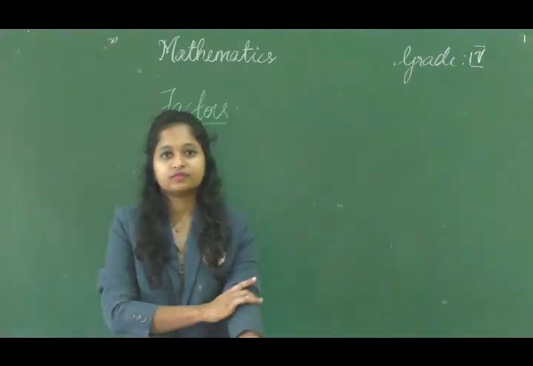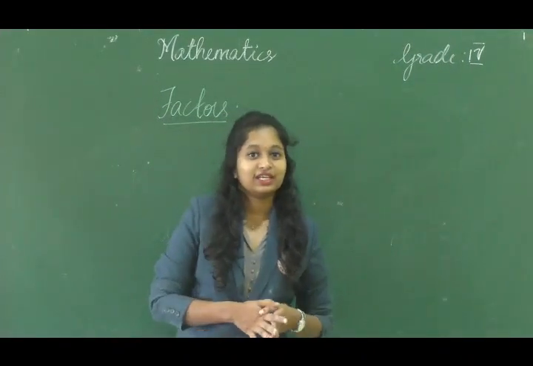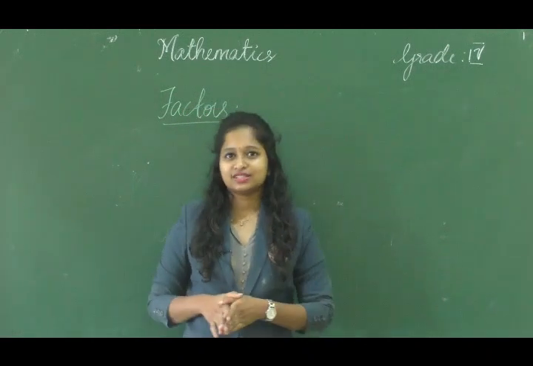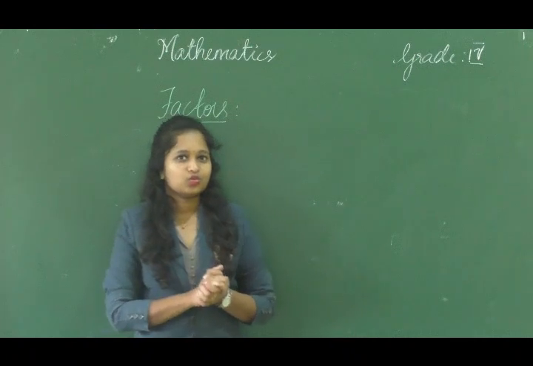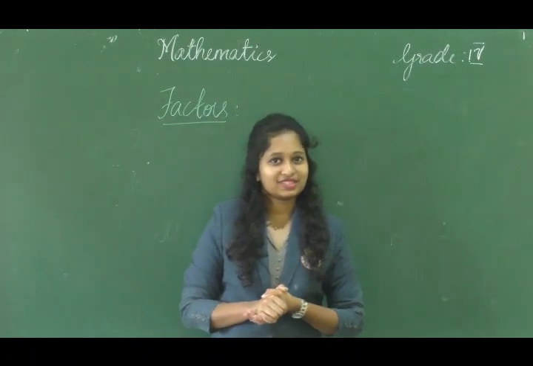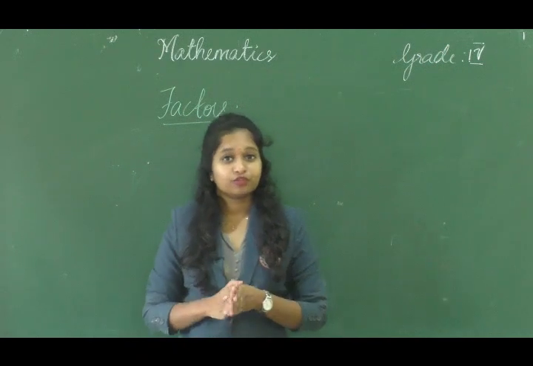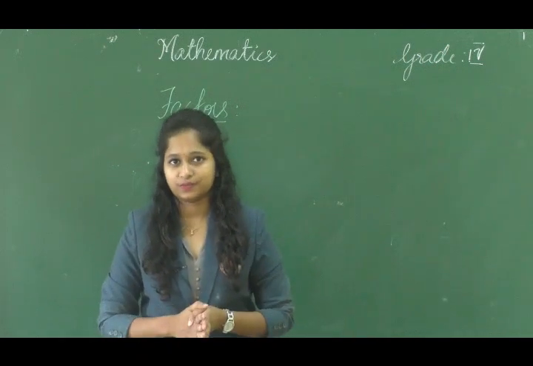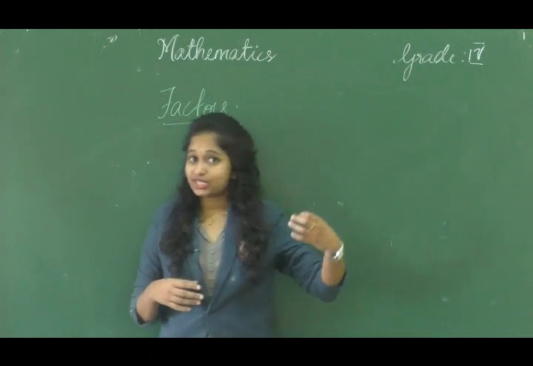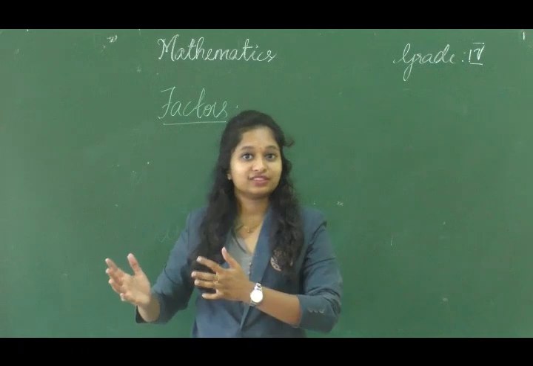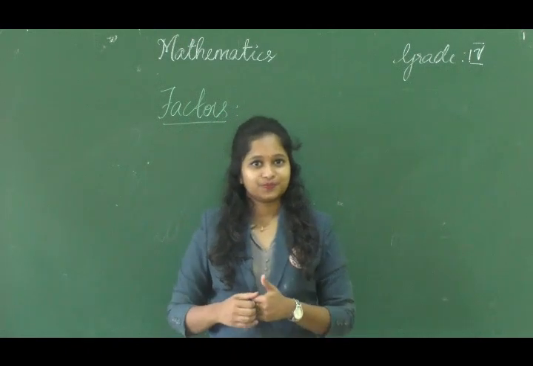Okay? So children, our next topic is factors. In the beginning of the class, I have told what factors are, isn't it? I had shown an example of 4 into 5 is 20. In that, 20 is the multiple and 4 and 5 are the factors of 20.